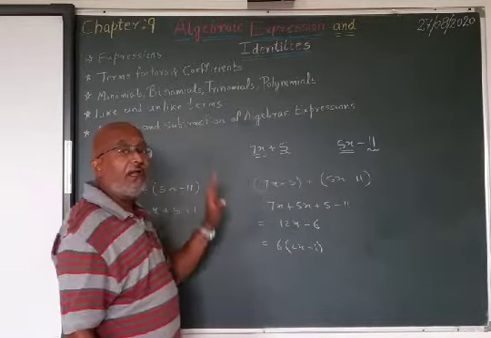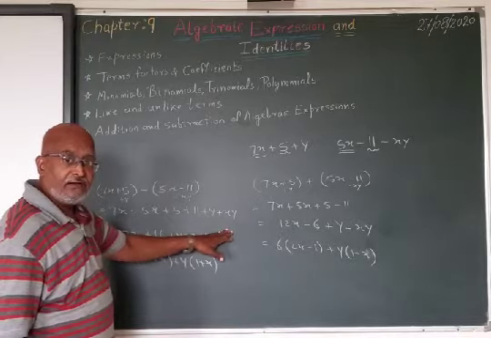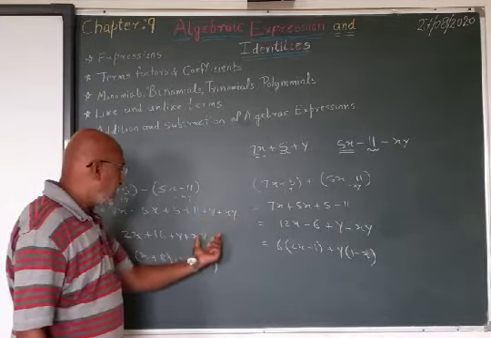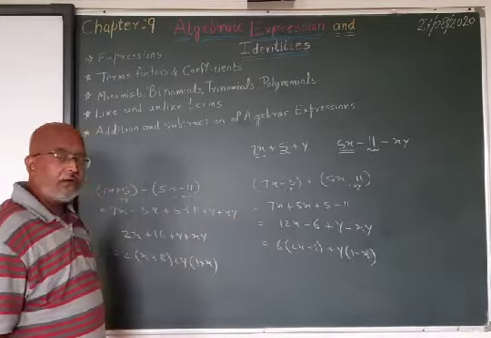Addition and subtraction both can be done only between two like terms, not the unlike terms. The unlike terms have to be kept as they are. See here, these are being kept separately as they are, and then from this pair we can take something common that is different. Got it clear?